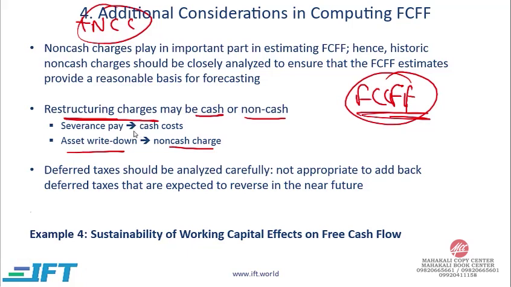Another interesting point, which again connects with one of your favorite readings from level 1, income taxes, is the following. You might have situations where a company has deferred taxes. In other words, the income tax expense is higher than the tax that was actually paid. You hopefully recall that that situation can happen.